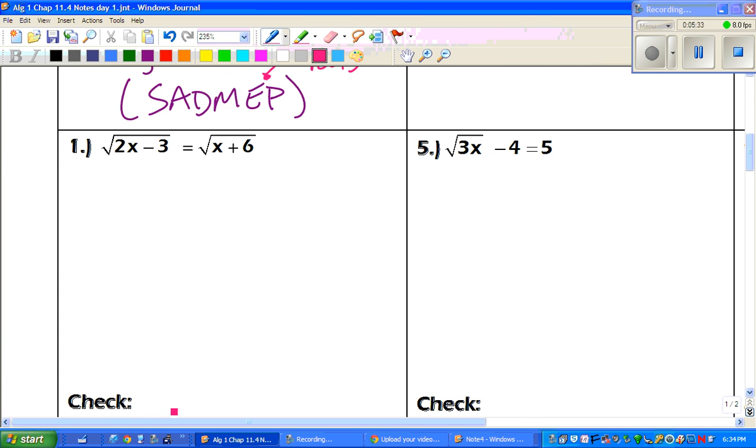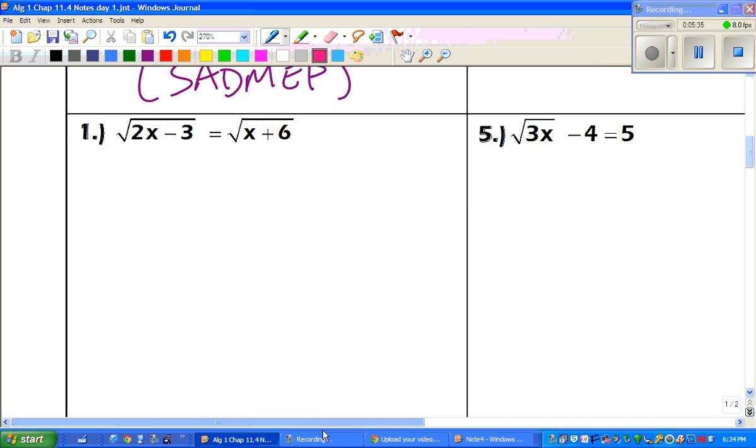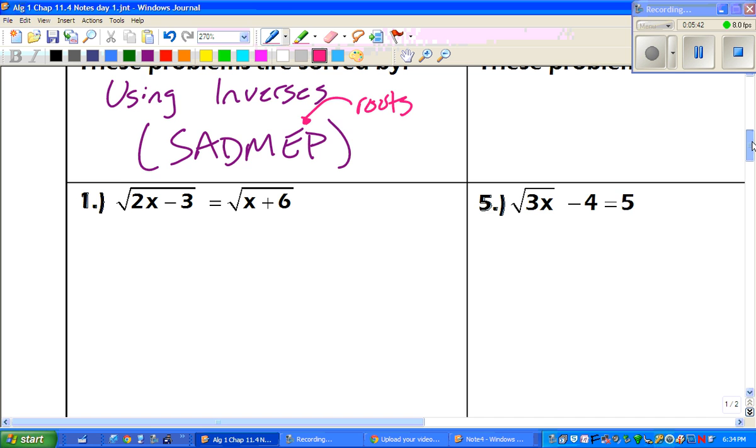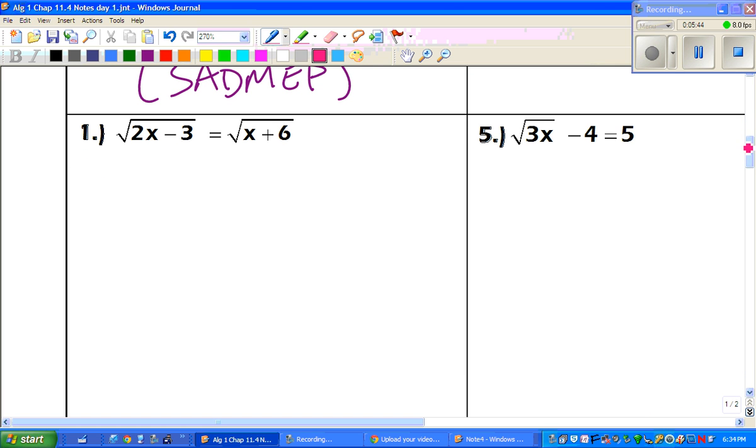I'm just going to be zoomed in over here because this is all we have to worry about. Now, they're solved by using inverses. And we talked about the inverse of a square is a square root. But if we have a square root, we would square it. And by squaring it, we cancel that.